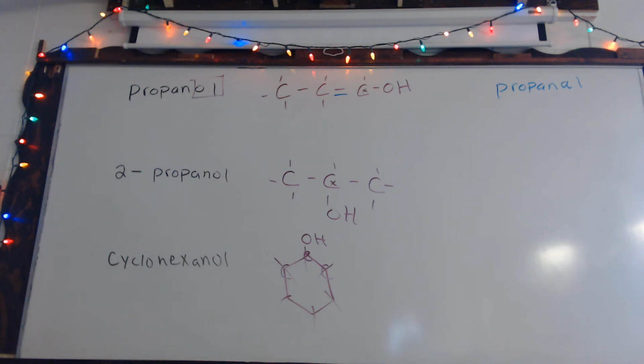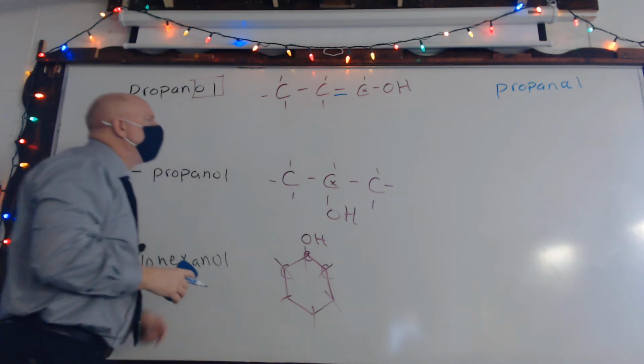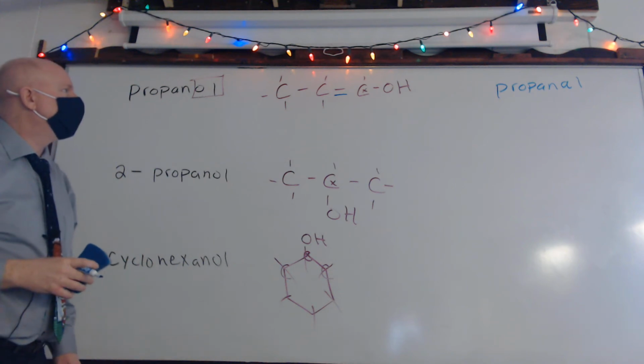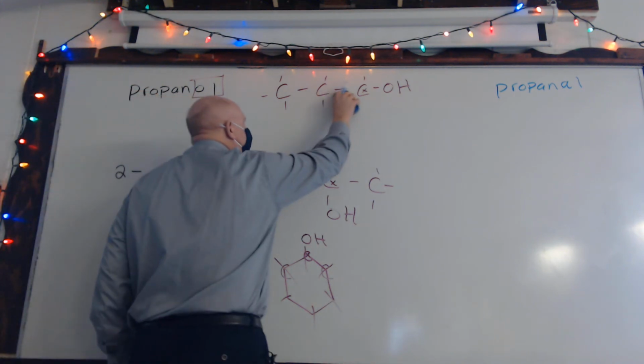How many bonds does that carbon have with the X on it? Oh, yeah, I'm sorry. You're right, the one in the middle. Yeah, this one's got 5. I had the right idea, I just did it on the wrong side.